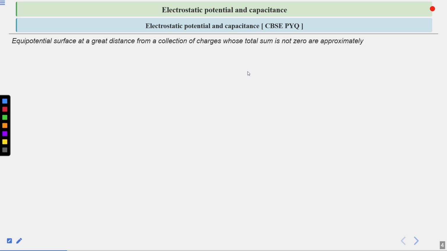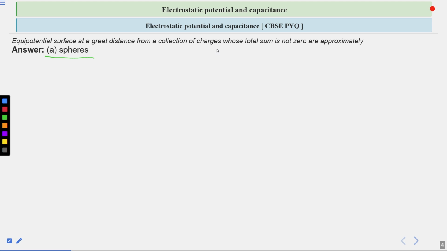Okay, so what is the answer? Answer is A, spheres. Why spheres? Because this is a collection of charges. Take an example of a bunch of grapes. There is a bunch of grapes on the vine. If we are viewing this bunch of grapes from a great distance, the bunch of grapes will look like a point-like object.